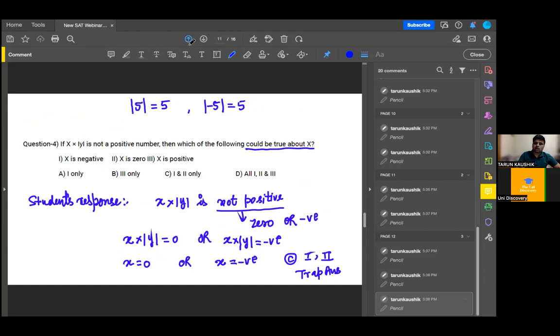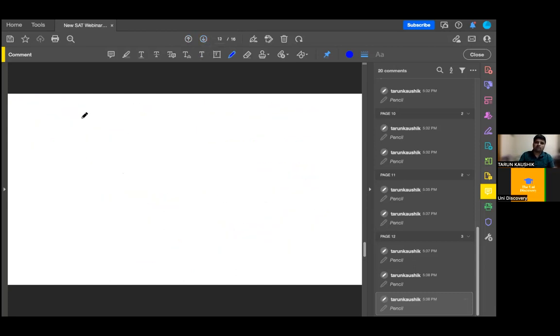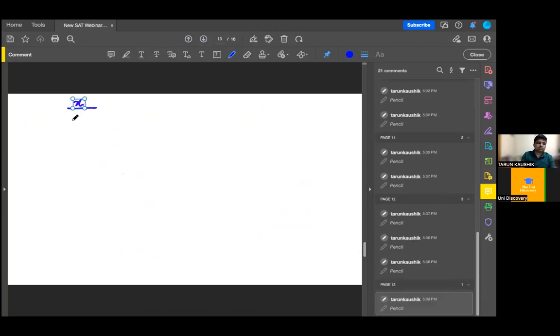And you also understood why C is the trap answer, not the correct answer. Now, there is one more question, which is one of my favorite questions in SAT, and that is a simple question in which 90 to 95% of the students have given me the wrong answer.